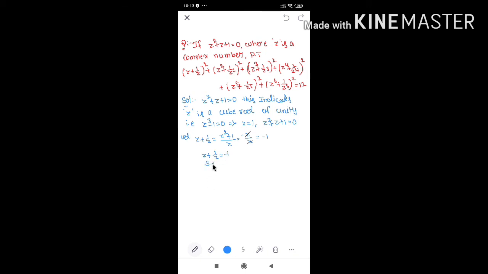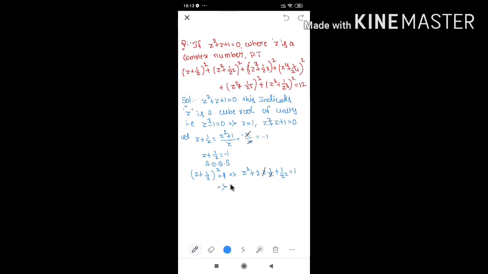Now squaring on both sides, using the a plus b whole square formula, z plus 1 by z whole square is equal to minus 1 square, which gives 1. Expanding, a square plus 2ab plus b square, z into 1 by z, the reciprocals get cancelled.